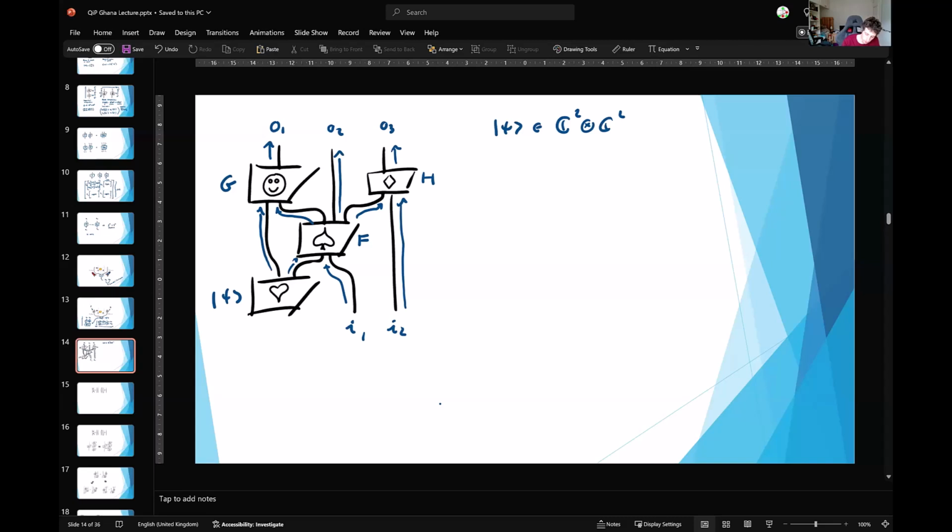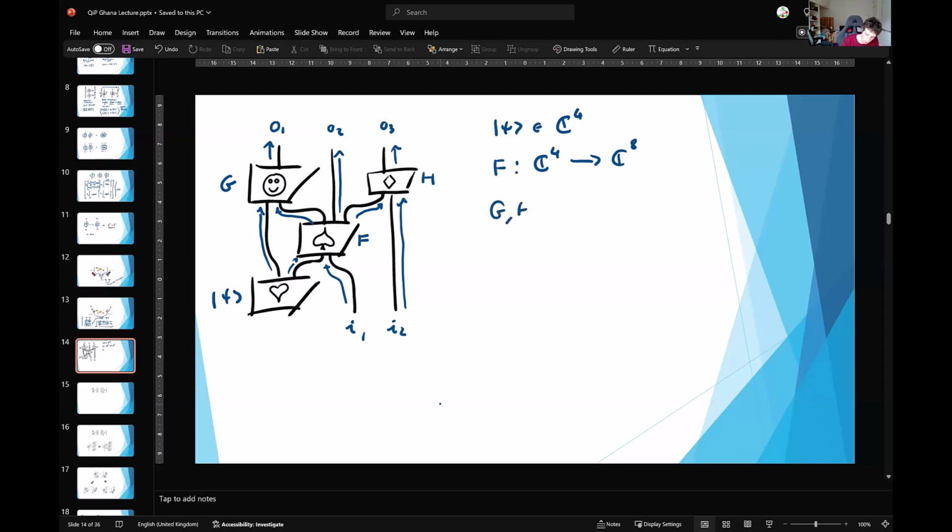We have a map F that goes from 2 qubits. I guess I could start writing things properly. Let's say C4. This goes C4 to C8, because from 2 to 3.